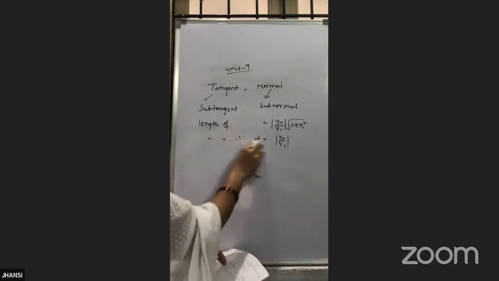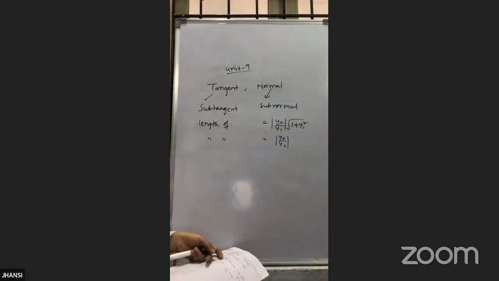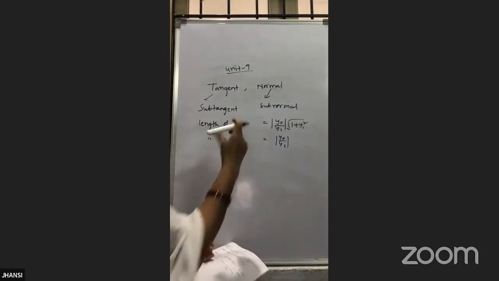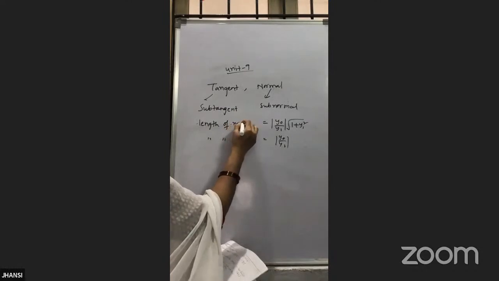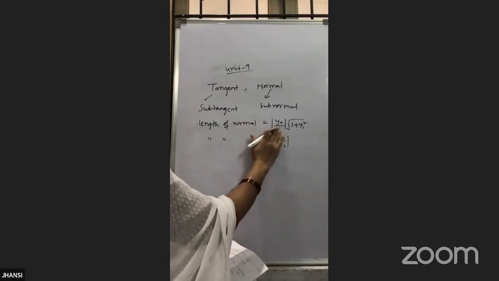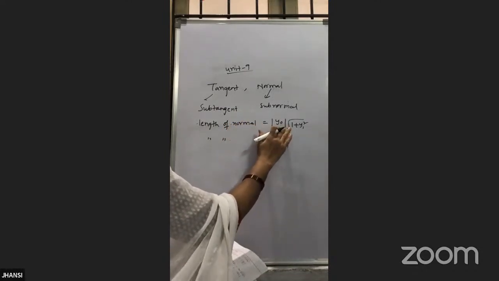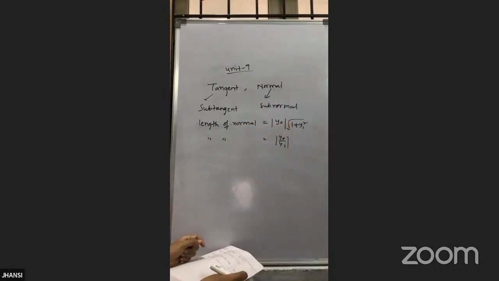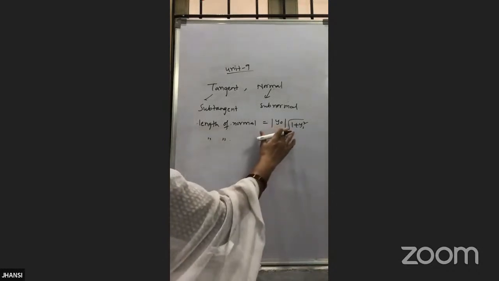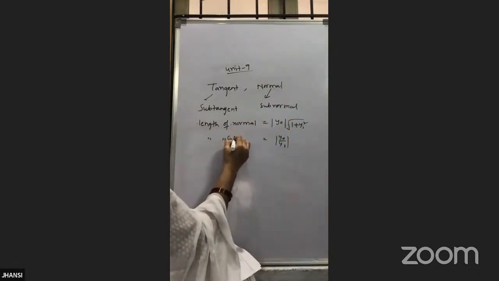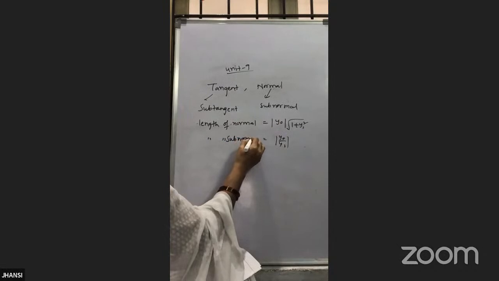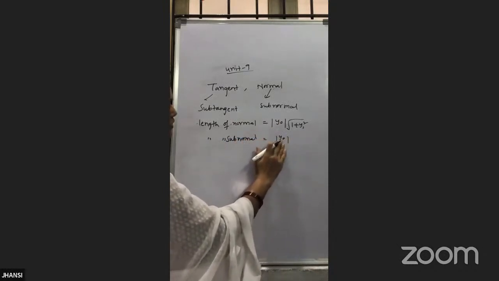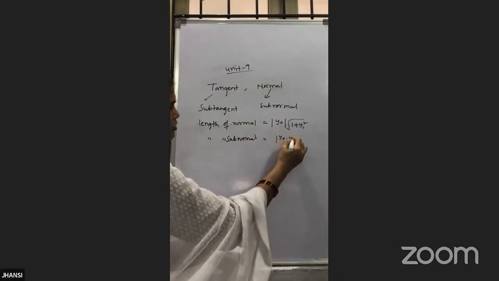If you go for the normal and subnormal, length of normal: in the denominator it will not be there, just y0 into under root of 1 plus y dash square. So this is for normal, and subnormal means instead of fraction, it will be multiplication, y0 into y1.